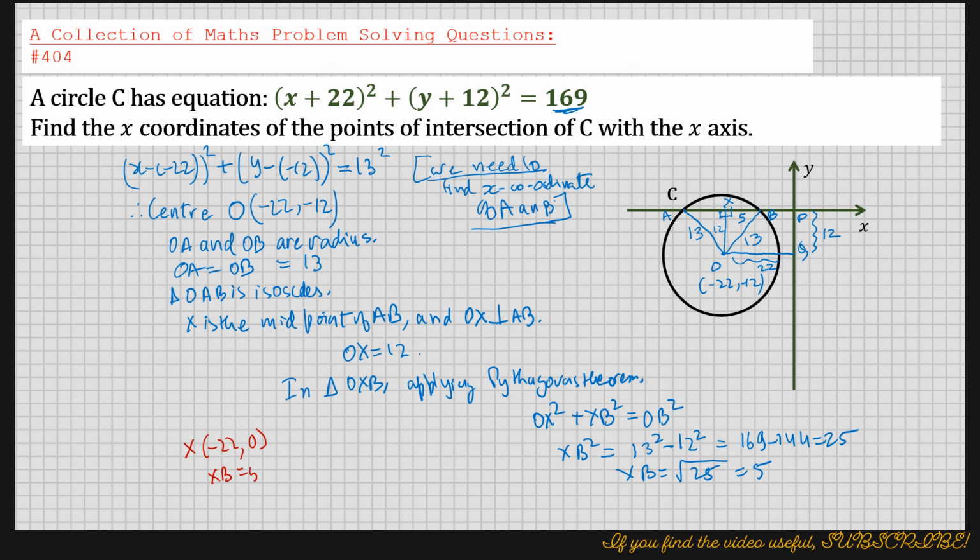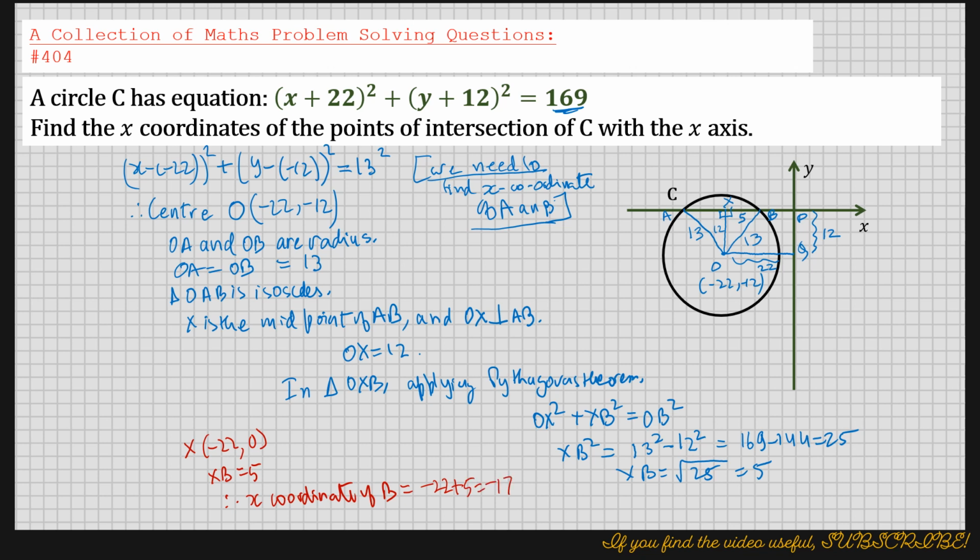Therefore the x coordinate of B would be minus 22 plus 5, that is minus 17.